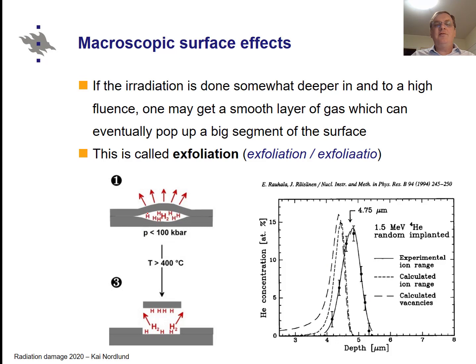What you may get is an effect like this, that you build up a hydrogen bubble, but then if you irradiate a wide area, this sidewise area may be much larger than the lid, and then you can lift off essentially a lid of the material, popping up from the material due to the hydrogen bubble. And this is known as exfoliation, and can actually be a useful way of materials processing.